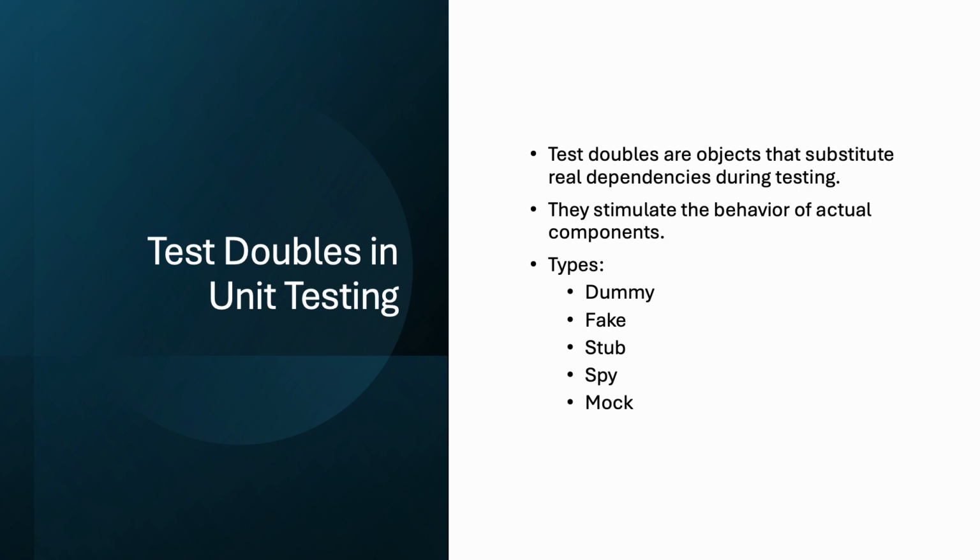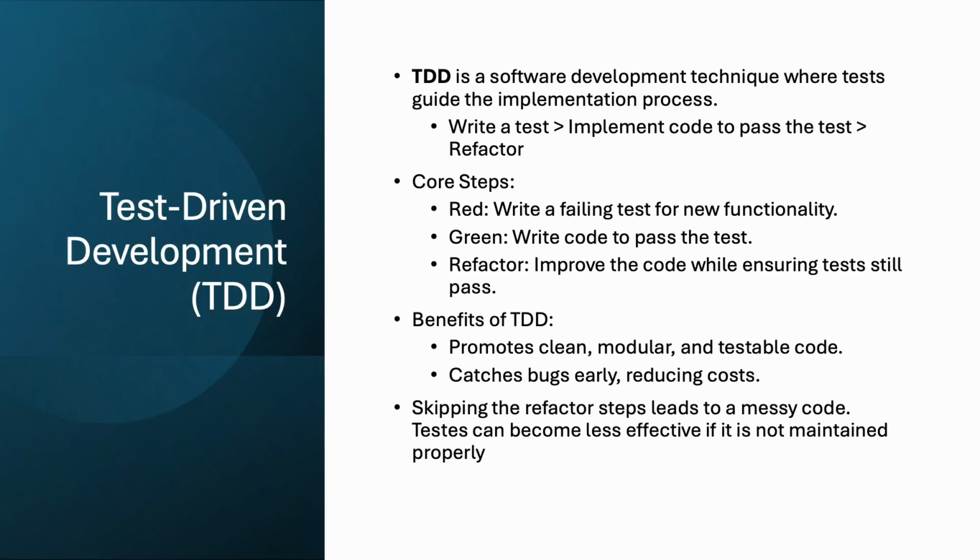Now let's see how these test doubles combine into the overall testing workflow and their role in test-driven development, otherwise known as TDD. So the idea of starting with a test before any code is written flips the usual process of code first and then test later.